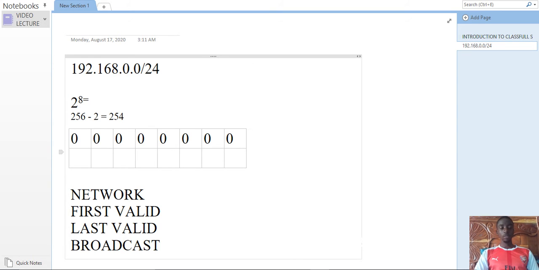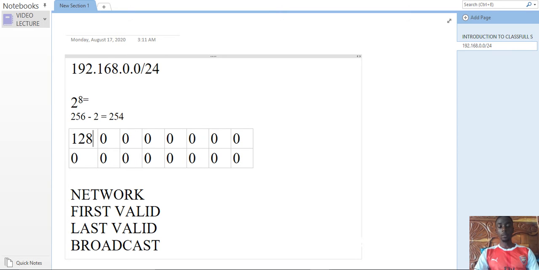So let me put these zeros here, then I can put my bit values on top: 128, 64, 32, 16, 8, 4, 2 and 1. These are my bit values. With these bit values, this is exactly what we're going to do. Now how do we get the address range? That is what we're going to do right now.